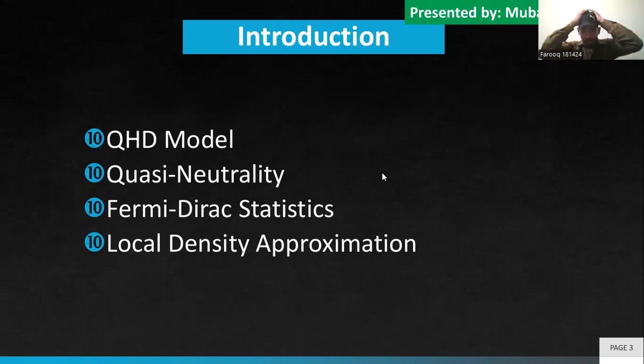Many people don't understand what is meant by quantum hydrodynamics, so I am breaking down what each word means. Quantum hydrodynamics deals with the fluid of electrons or Fermi particles like electrons, spin 1/2 particles. Then the quasi neutrality condition.